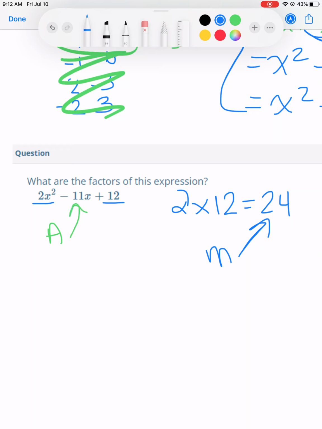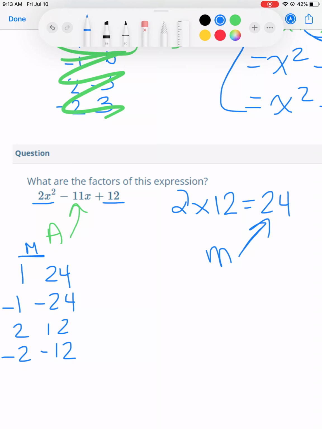Okay? So I'm going to start with ones. 1 and 24, and then -1, -24. I've got 2 and 12, -2, -12, right? Again, we have to bring in those negatives.